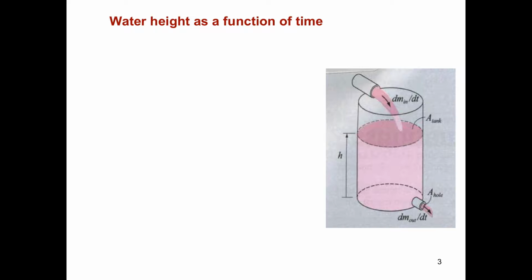So let's assume we have a tank of water, and there's water coming in up here, and that might be something like a flow that is changing in time, and it could actually be quite a complicated function in time. And then it's flowing out here, and the rate at which the mass of water is coming out depends on the height of this column.